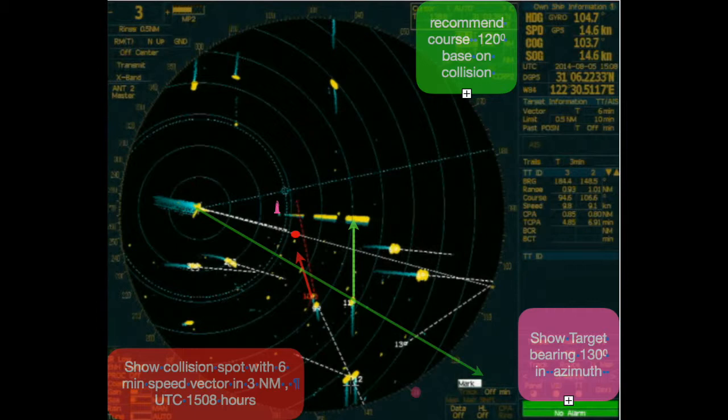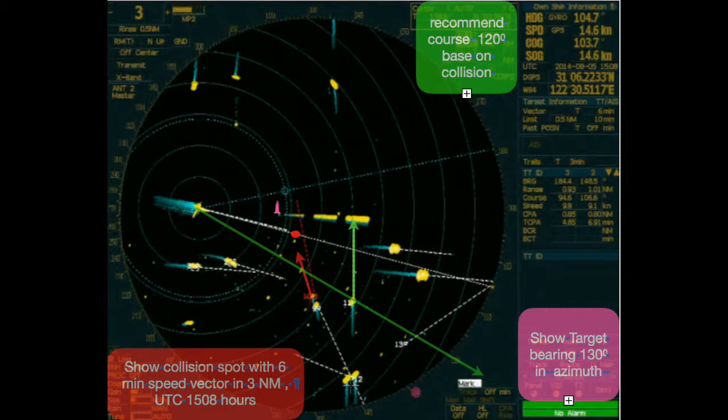So together with these two requirements, we are asking for a collision spot in red and a buoy shape assigned to the racon. Also, the correct length of the virtual speed vector.